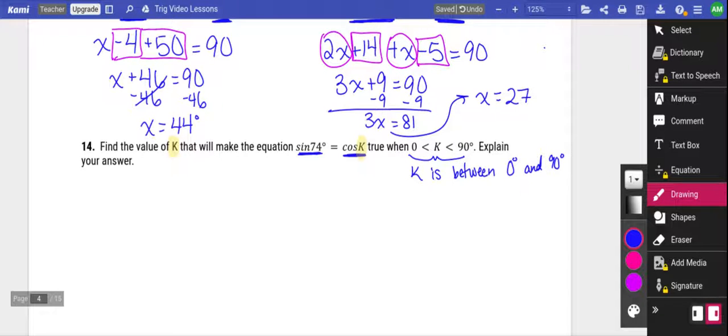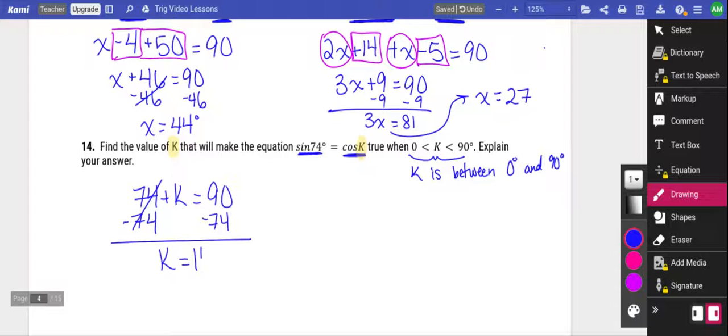And then we're going to explain our answer. So to find our answer, it's basically like an x, right? We can either take 74 and add k to equal 90, or we can just subtract 74 from 90. But in either instance, we'll get the same answer. K is equal to 16.